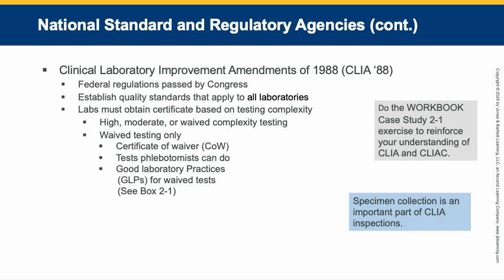If you do moderate or higher level complexity testing, then you will have these routine inspections, okay? So these on-site visits are known to the lab in advance, and what they are intended for is education and gathering information, okay? So they're to help these labs make sure that testing is being done properly.